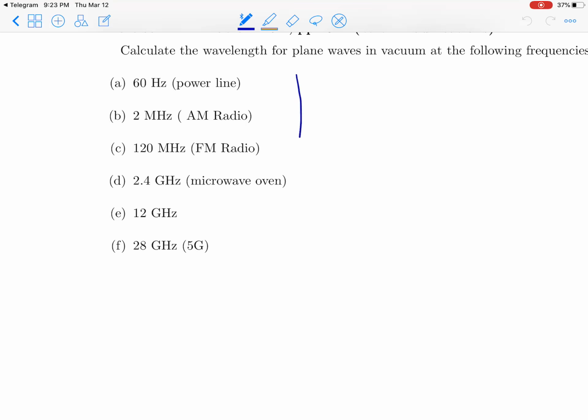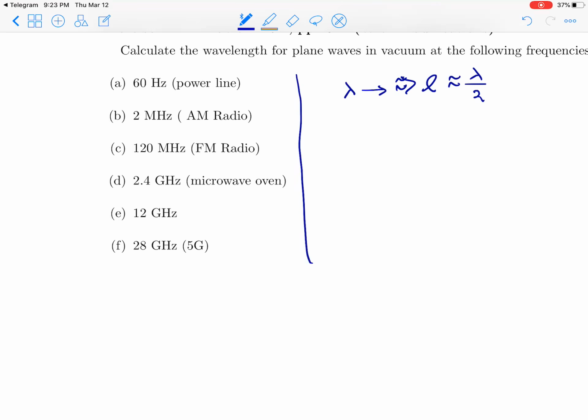One reason why we want to operate at higher frequencies is that the antenna size is always proportional to the wavelength. So in general, the antenna length is somehow close to wavelength divided by 2.